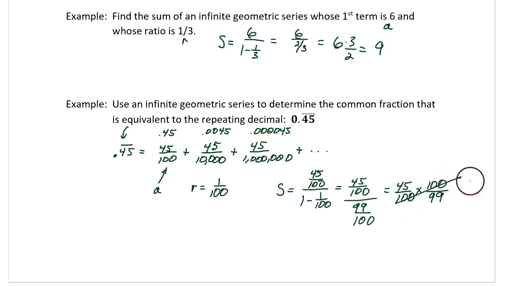The 100s cross out, and we're left with 45 over 99. 45 over 99 is reducible because top and bottom both divide by 9, making 5 over 11. So the fraction 5/11ths is equivalent to the repeating decimal 0.45 repeating. Infinite geometric series is what creates our equivalencies between repeating decimals and fractions.